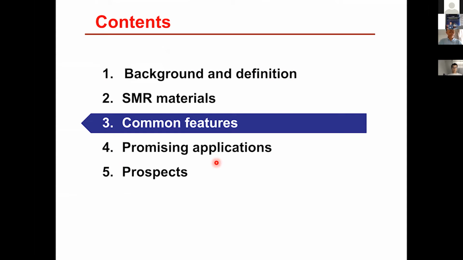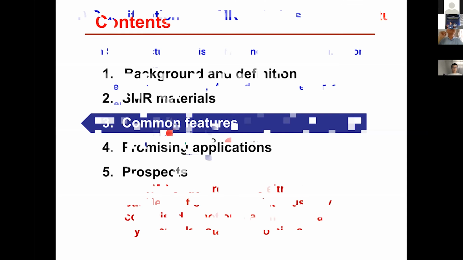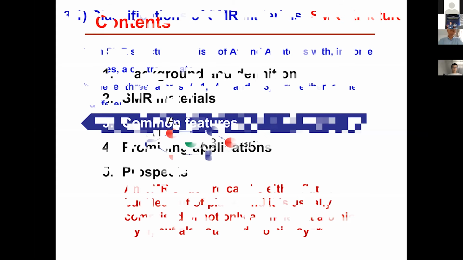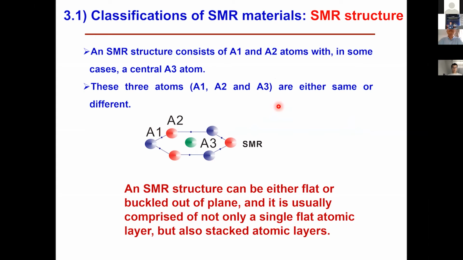So then let's see the common features of six-member ring materials. As I just mentioned, the six-member ring material has a six-member ring structure. This structure can consist of A1 and A2 atoms, and in some cases can also have A3 atoms in the center.